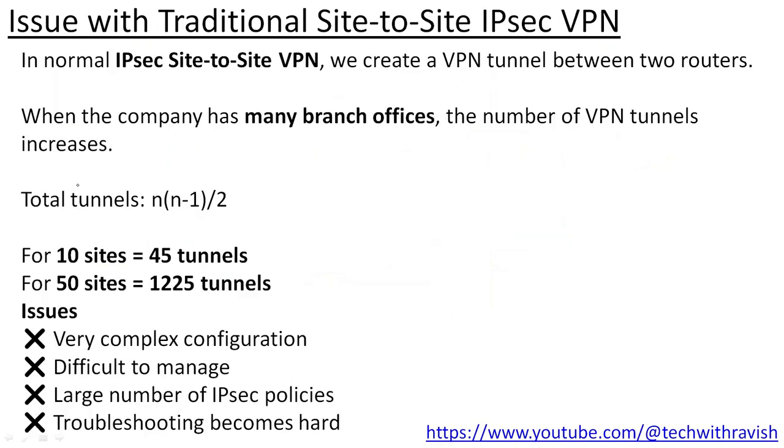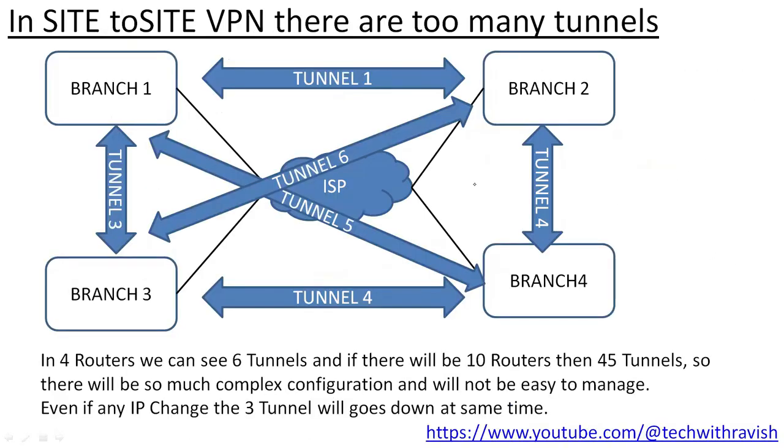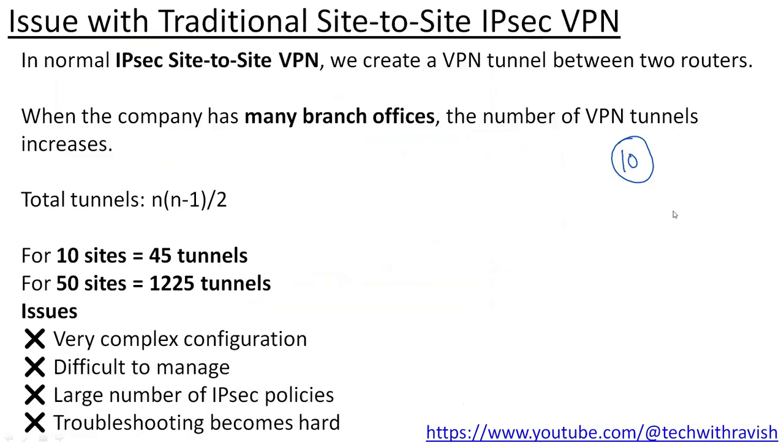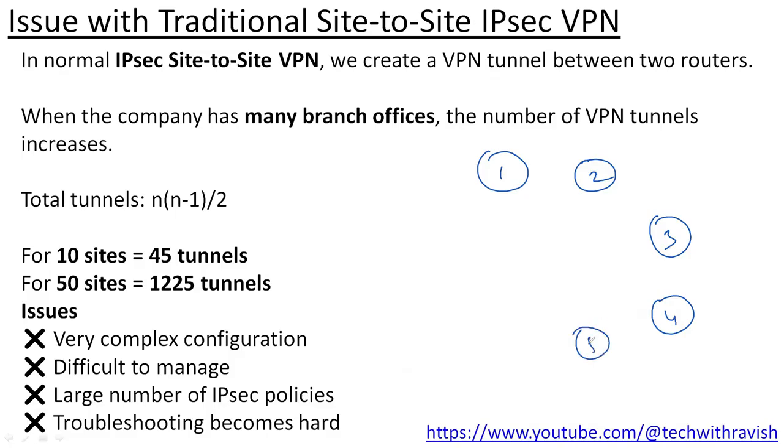So what will happen if the number of offices is 10? Let me draw. This is office number 1. This is office number 2. This is office number 3, 4, branch number 5, 6, 7, 8, 9, and 10.